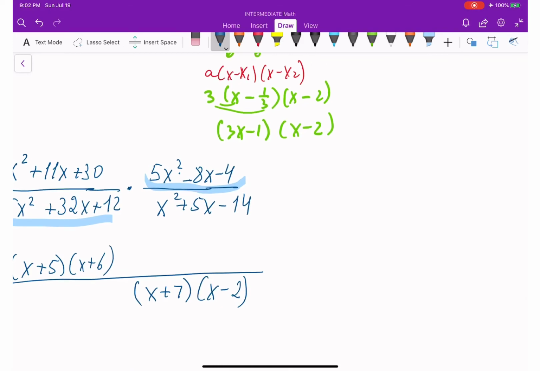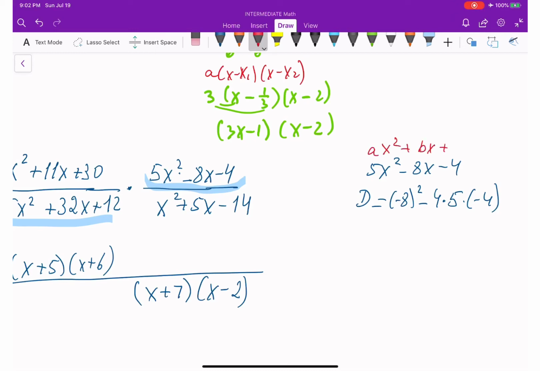Let's do this. 5x squared minus 8x minus 4. Okay, real quick. Discriminant is equal to b squared, which is negative 8 squared, minus 4ac. I will just write down ax squared plus bx plus c.